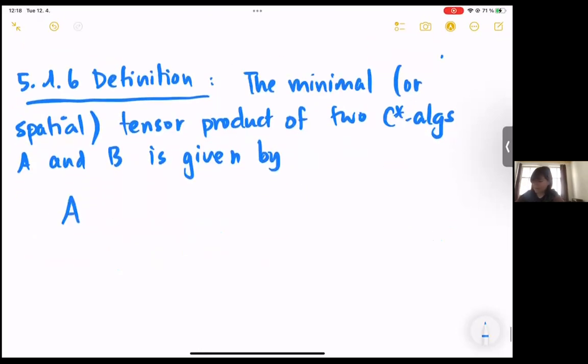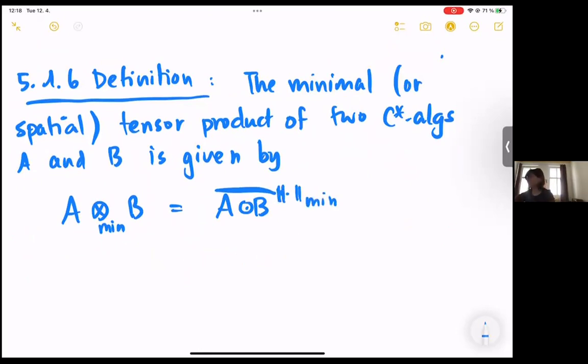And we write that as a tensor with a min underneath. It's just the completion with respect to this norm.